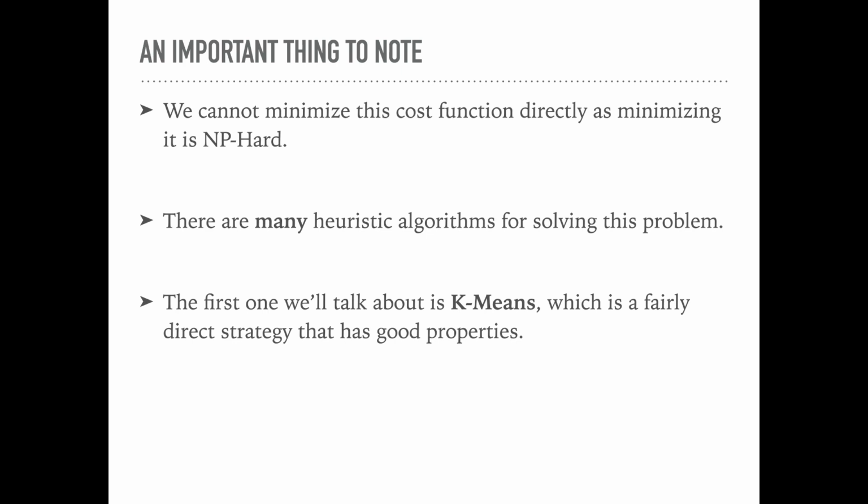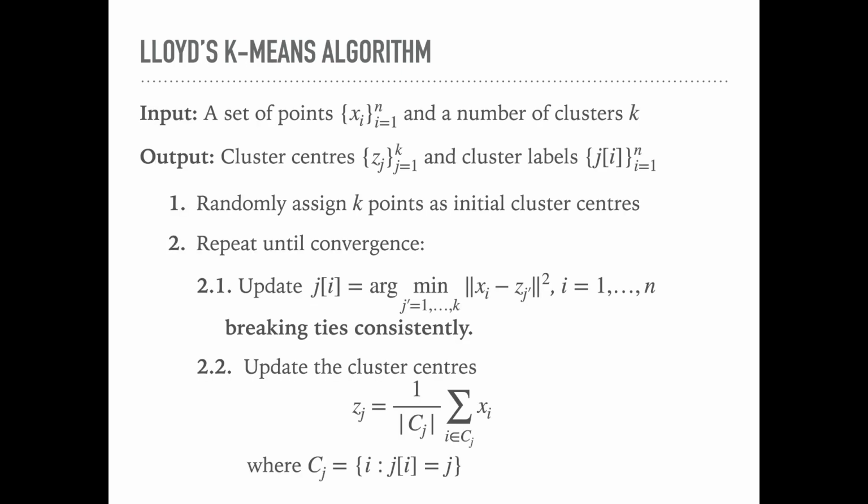The nice thing about it is it's a fairly direct algorithm, and unlike most things, you can fit really all of the details that you need to implement this algorithm onto one slide. So here is the algorithm in one slide. Step one, we need to have an input, and our inputs are our data, which are our x's, and the number of clusters, k. And our output is going to be cluster centers as well as cluster labels, this j(i) thing.